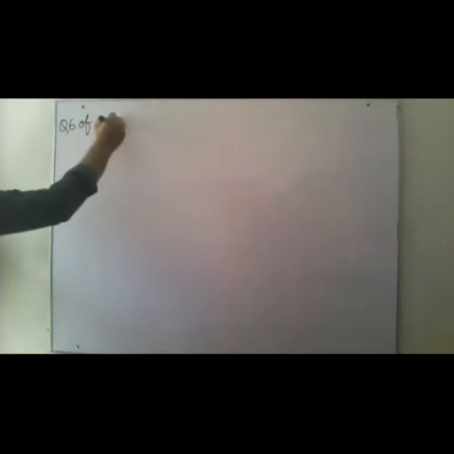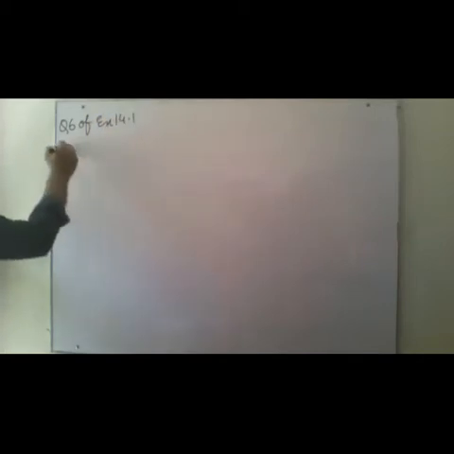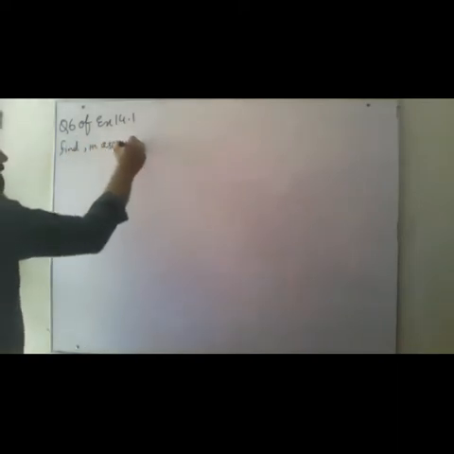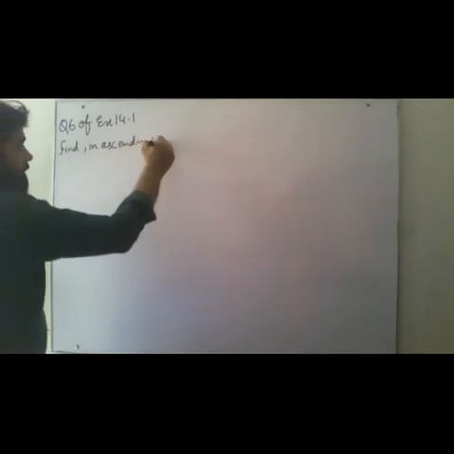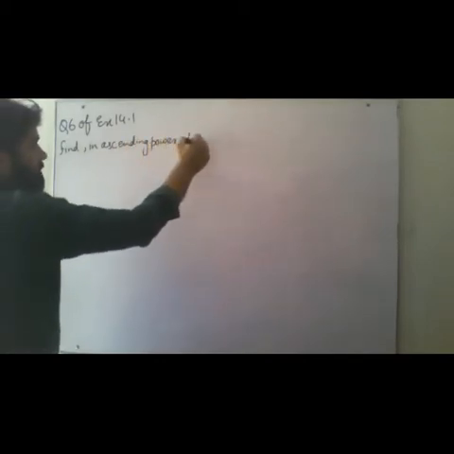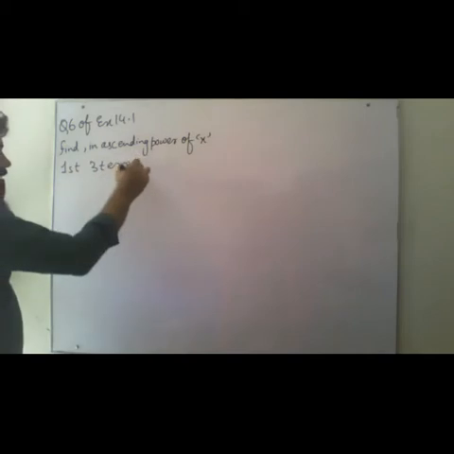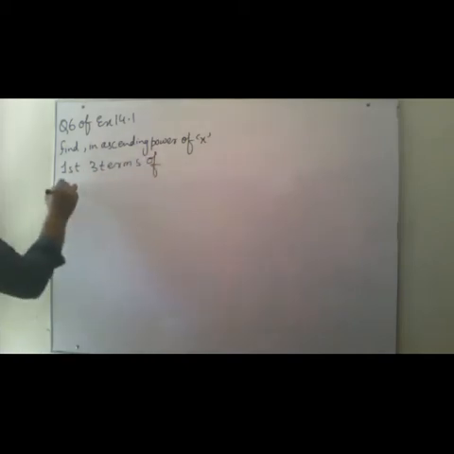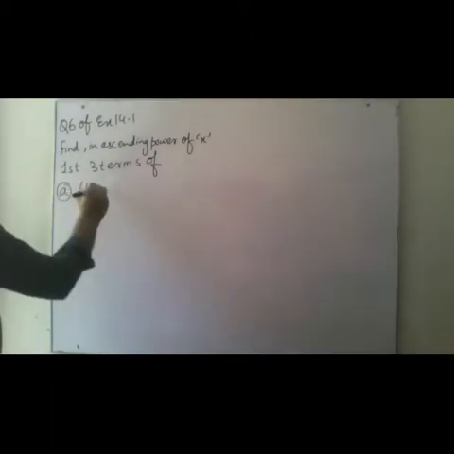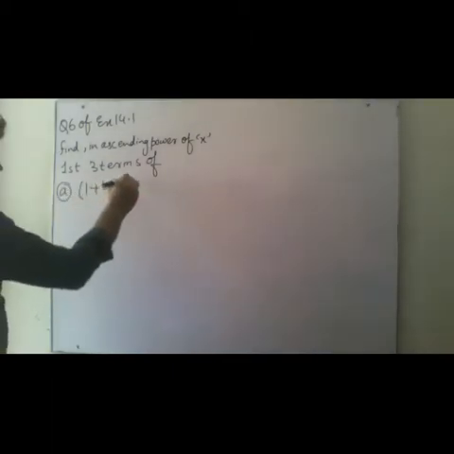Question number 6 of exercise 14.1. They are saying find, in ascending power of x, the first 3 terms of: A part is given to me as 1 plus 4x whole power 6.